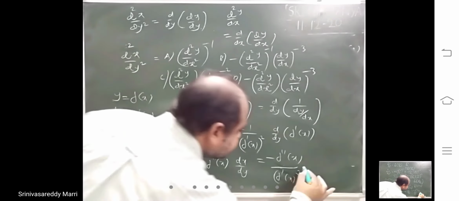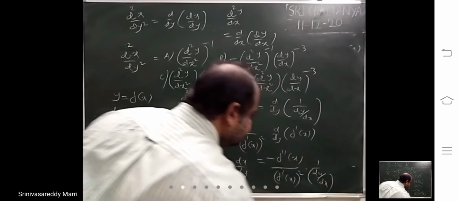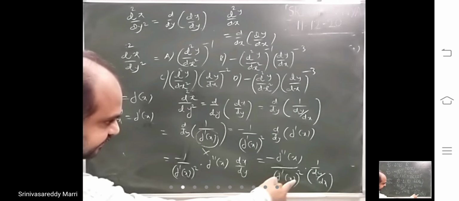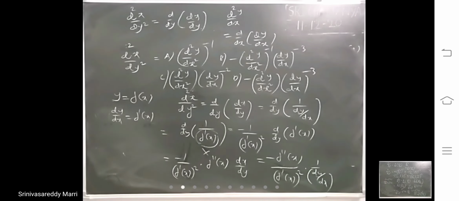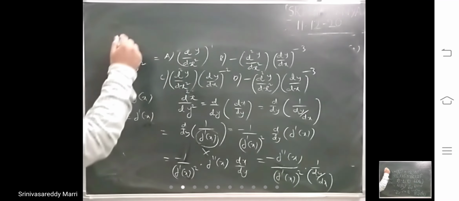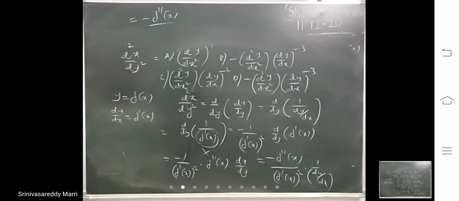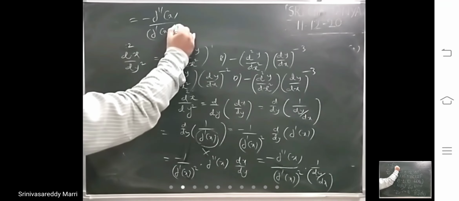dx by dy is nothing but 1 by dy by dx, that is 1 by f dash x. That means you got minus f double dash x divided by f dash x whole cube.